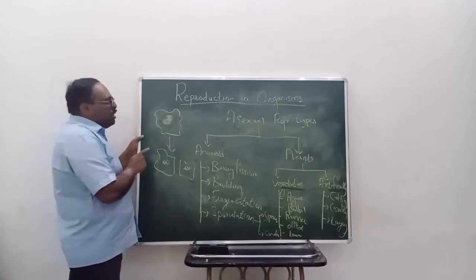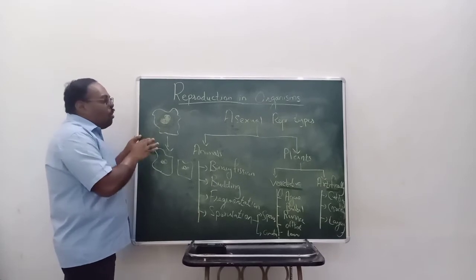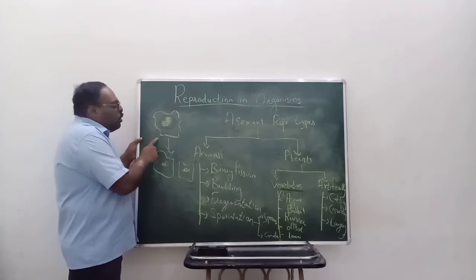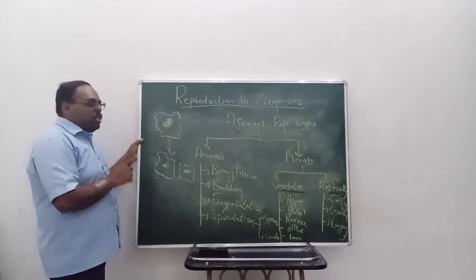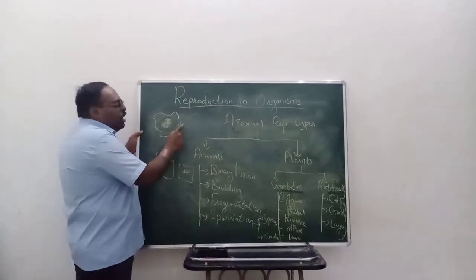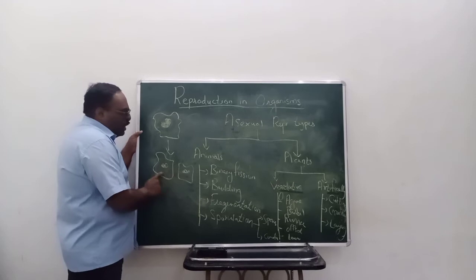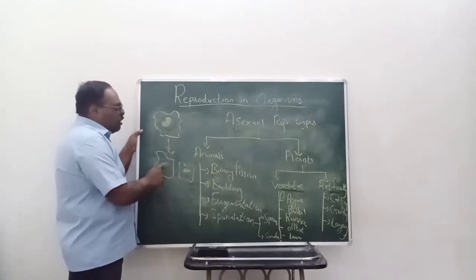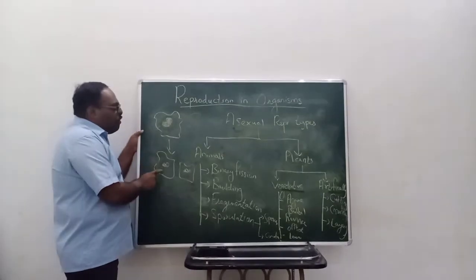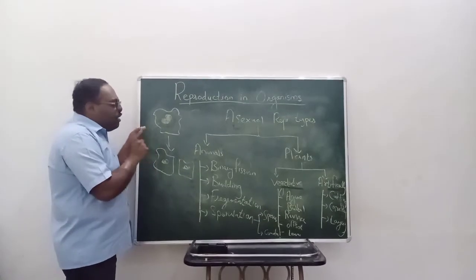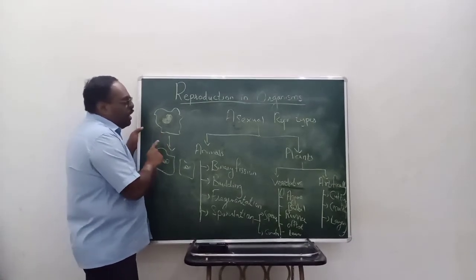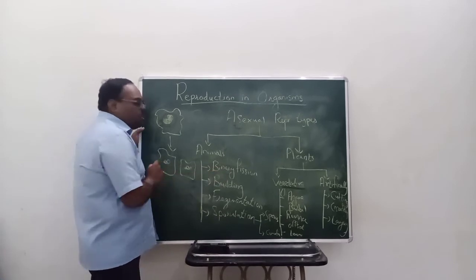Because of this, amoeba or any unicellular organisms are immortal in nature. Immortal means there is no death, because here the parent is not dying, but they are getting two offspring exactly resembling the parent. So these lower organisms don't have death; they are immortal in nature. This is one of the best examples we can give for binary fission.